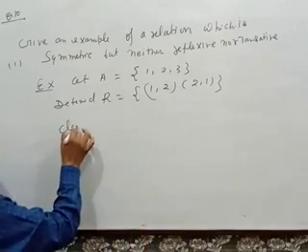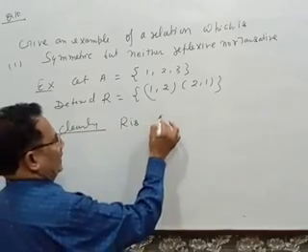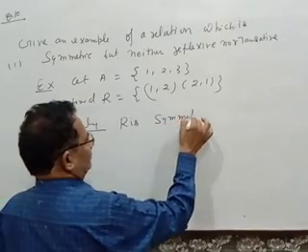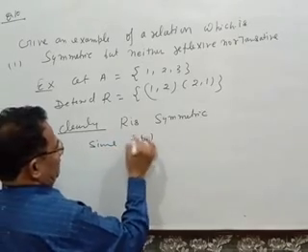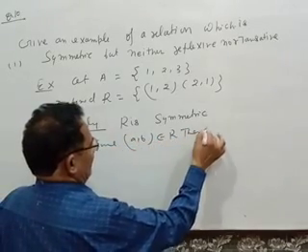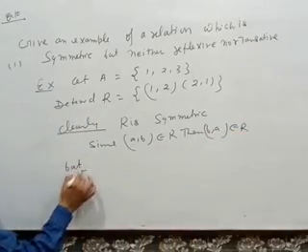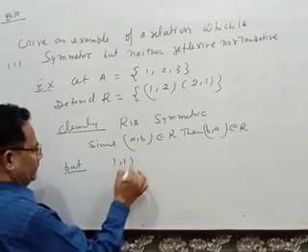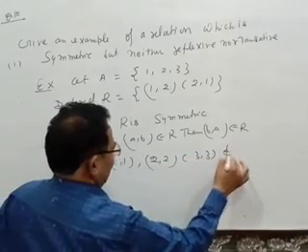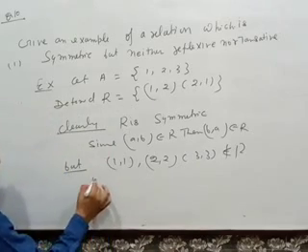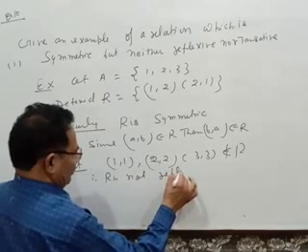Clearly, R is symmetric, since (a, b) belong to R, then (b, a) belong to R. But (1, 1), (2, 2), (3, 3) does not belong to R. So therefore R is not reflexive.